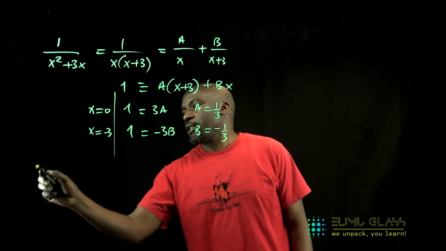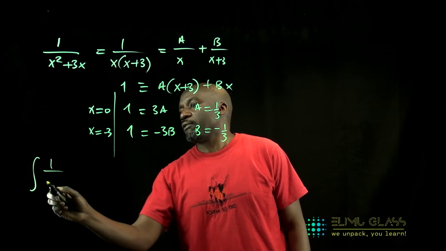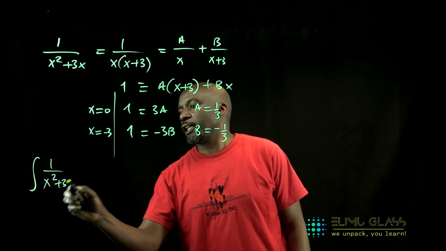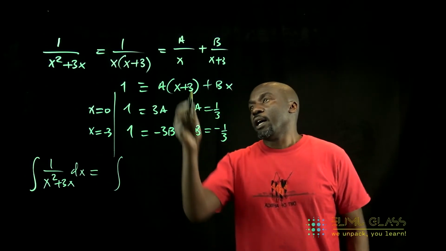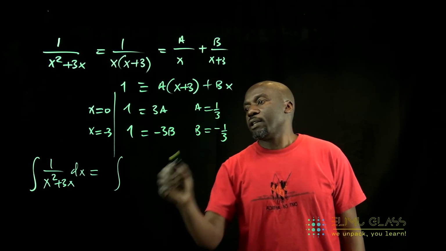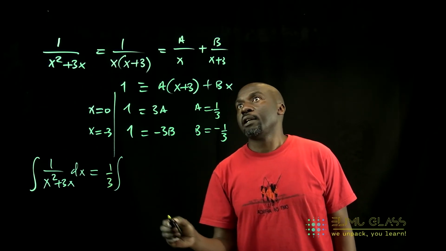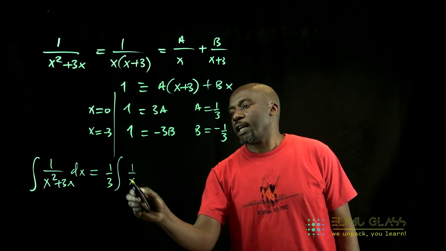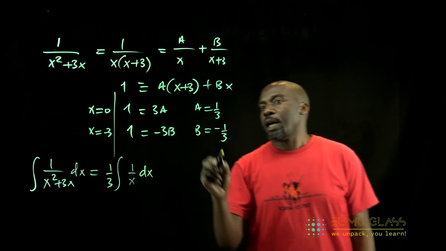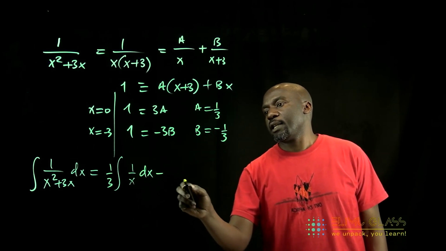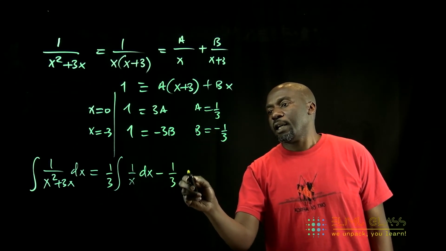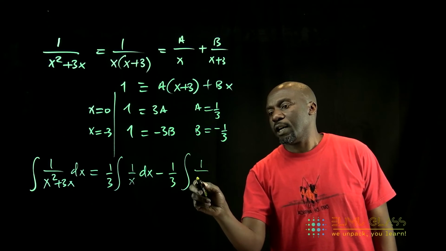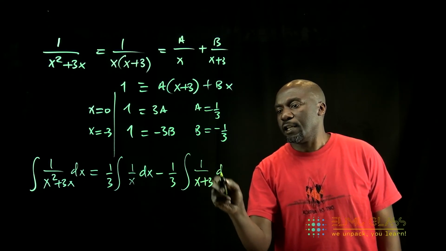And that means the integral of 1 over x squared plus 3x dx can now be expressed as 1/3, that is A, integral of 1 over x dx, and minus 1/3, because of this, integral of 1 over x plus 3 dx.